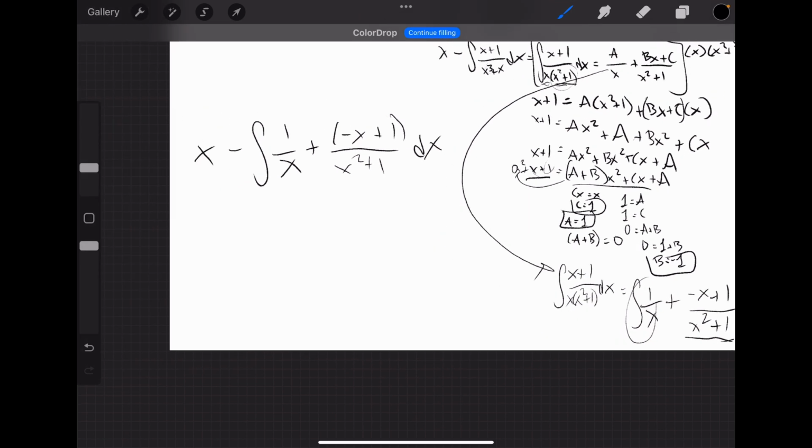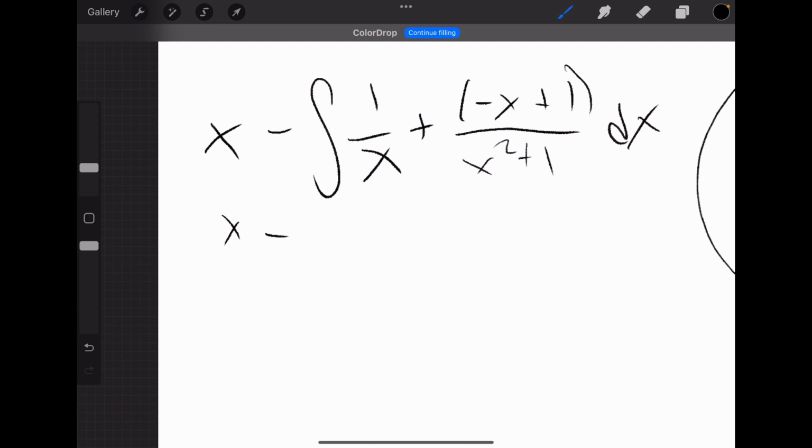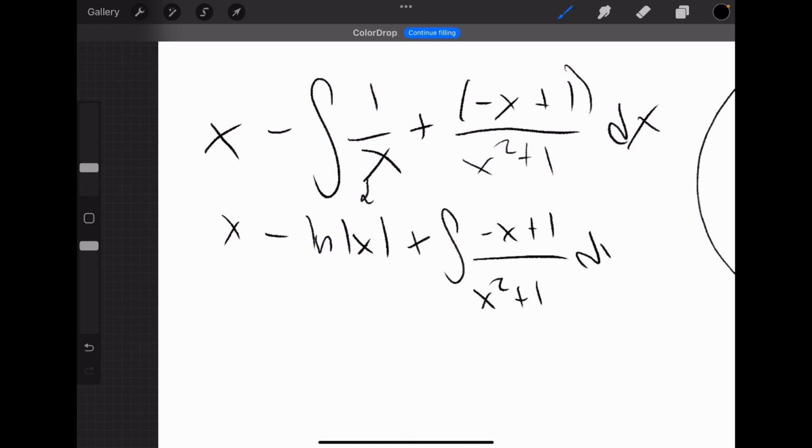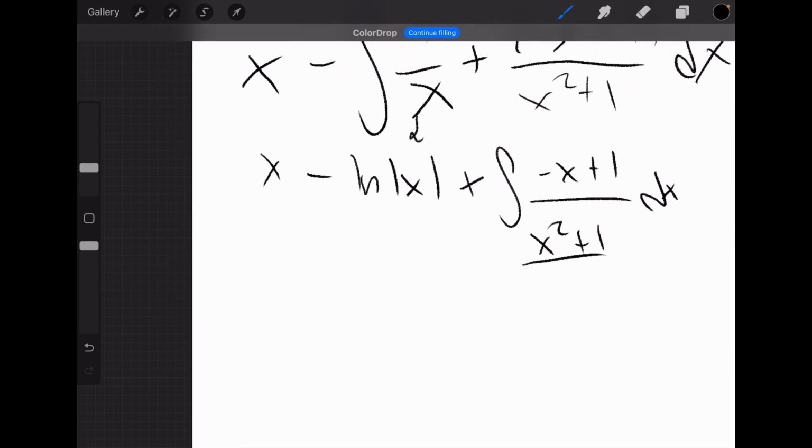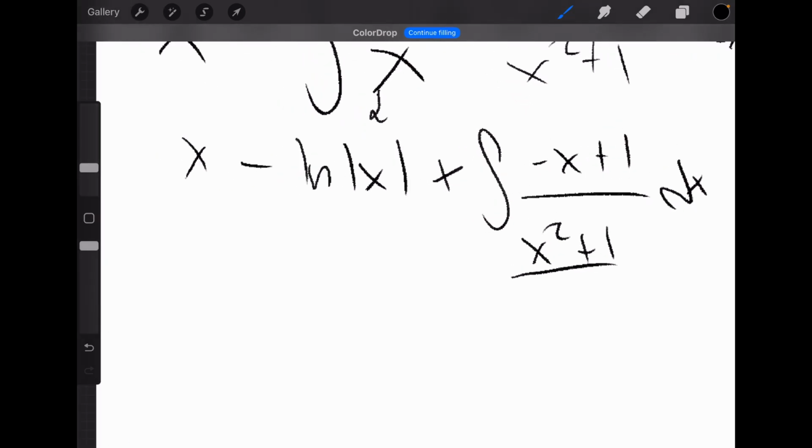Okay, so x minus this is just natural log of x. So now we only have the integral of negative x plus 1 all over x squared plus 1 dx. And now I'm going to separate this fraction over here. So, am I doing this right? Yes, I am doing this right.